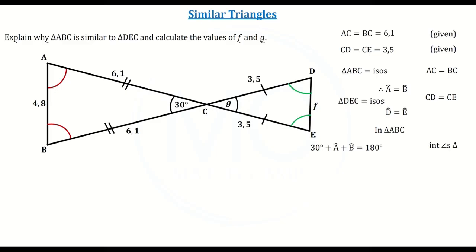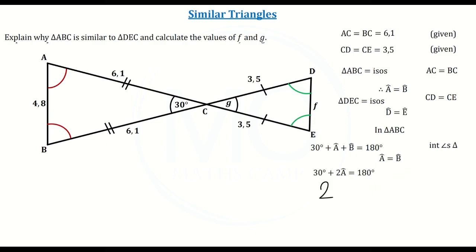But we already know that angle A is equal to angle B. So this becomes 30 degrees plus angle A plus angle A, which gives us 2 angle A, is equal to 180 degrees. And now we can solve for A.